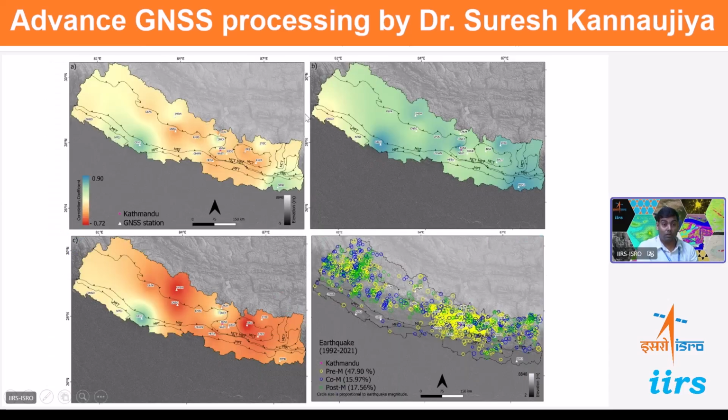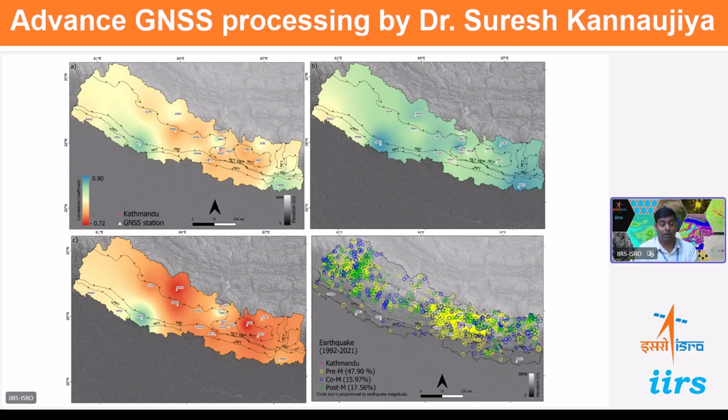You can also see the correlation between the displacement and the loading. In the east component, the loading effect is very small, but in the north component the loading effect is more prominent compared to the east component. In the vertical component, the loading impact is very high.